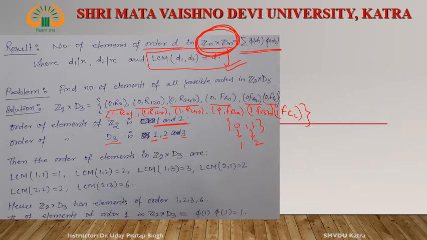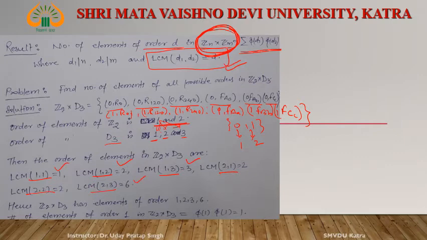Then how do you evaluate the LCM? Make the pairs: 1 1, 1 2, 1 3, then 2 1, 2 2 and 2 3. Hence Z2 cross D3 has elements of order 1, 2, 3 and 6.